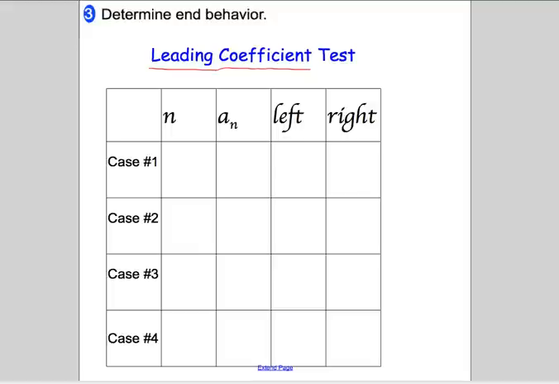The first thing is that the exponent, case 1, could be odd. The exponent could be odd, and the a sub n, the leading coefficient, could be positive. If that's the case, the graph is going to fall on the left side, so it's going to go down on the left side, and it's going to rise on the right side.